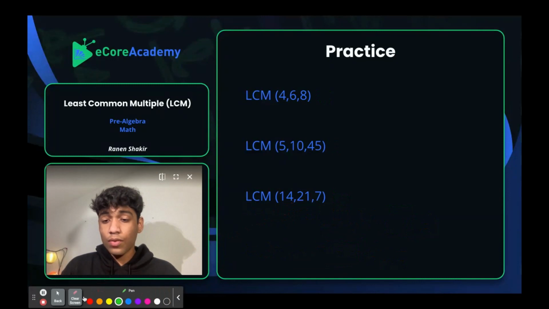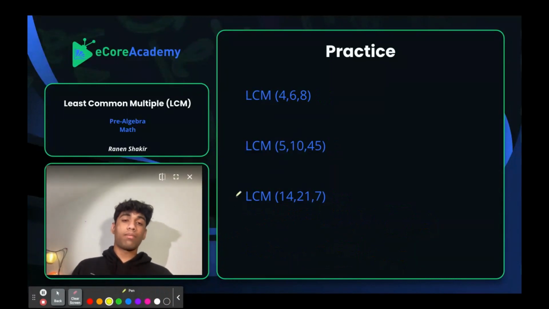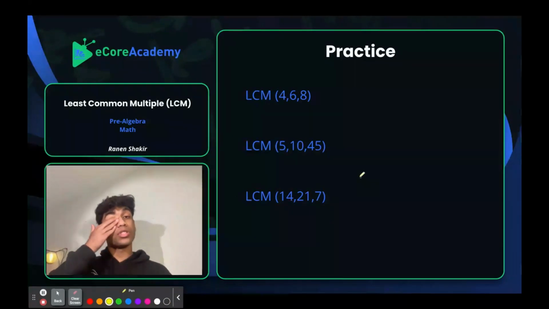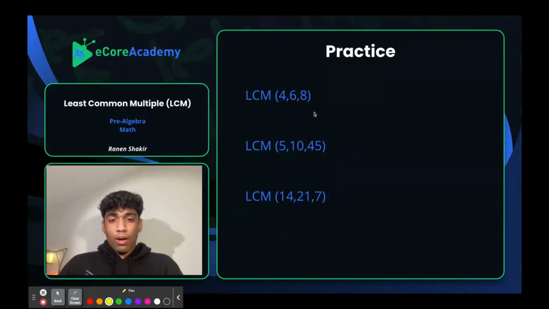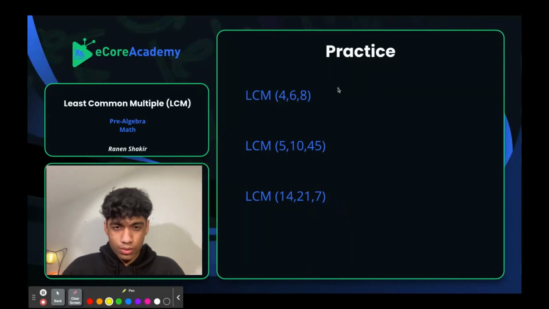Let's find the LCM of 3 numbers this time. Now it's the same exact process, but we're just doing it one more time with one more number. So I'm going to do the first one. Let's write them in different colors because it might get a little confusing.